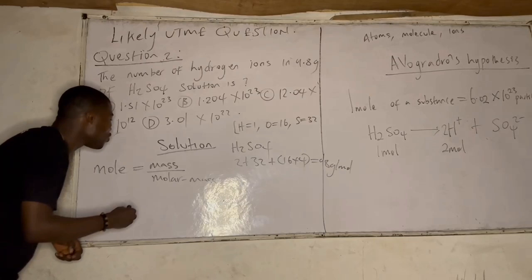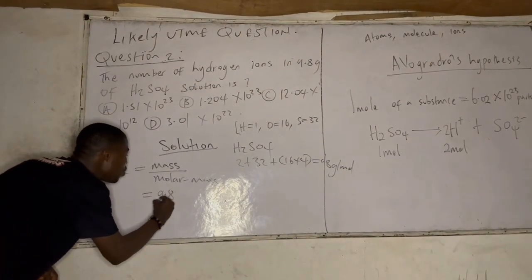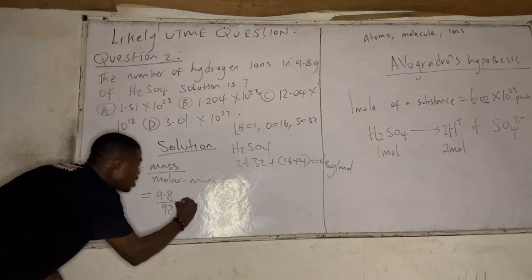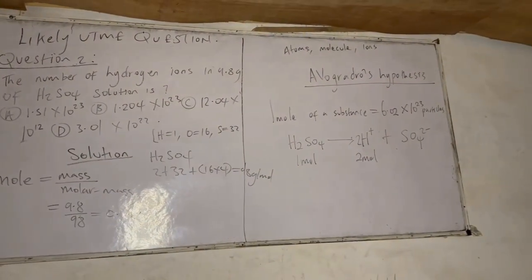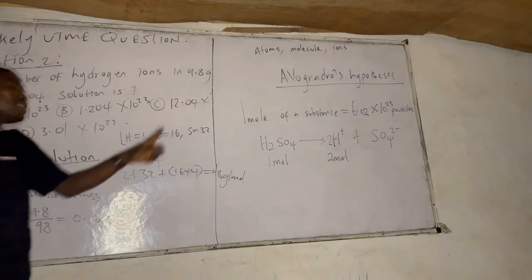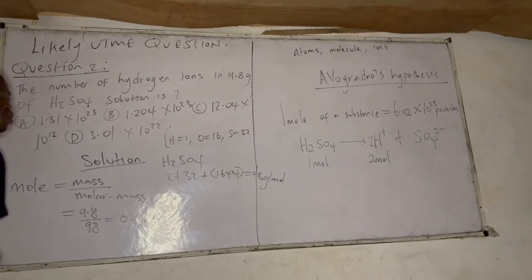So what is the number of moles for H2SO4? That should be 9.8 over 98, which is 0.1 moles. So 9.8 grams of H2SO4 simply means there are 0.1 moles of H2SO4 in solution.